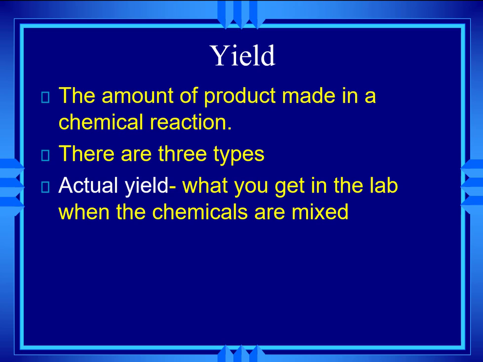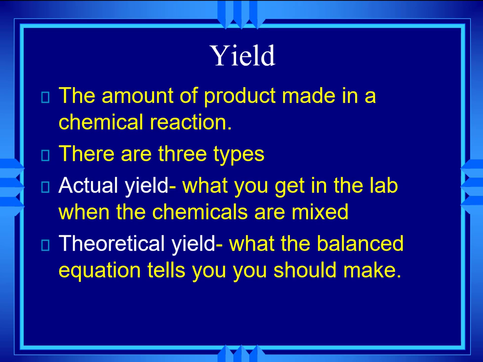Okay, second type, theoretical yield. Every one that you have calculated so far is a theoretical yield. If every bit of this and this get used up, this is how much I'll make. In theory, this is how much I could make. If everything goes perfectly well, I will make this much stuff.